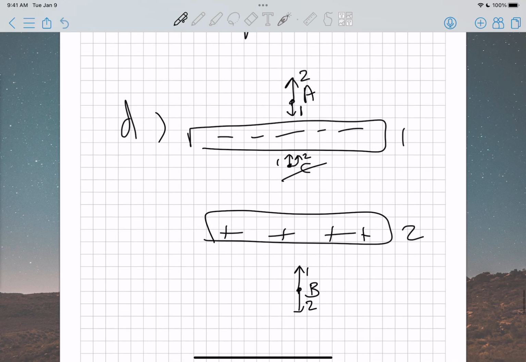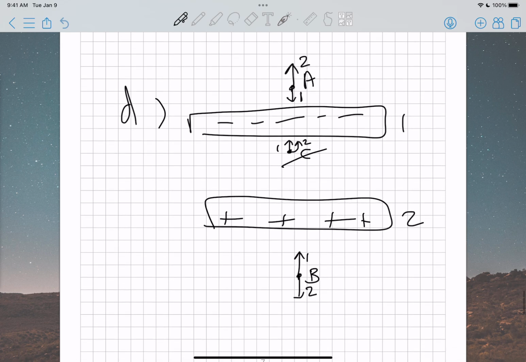But points A and B are a little bit iffy because one's pointing upwards, one's pointing downwards. We're a little bit unsure here, right? Now, what do you notice about E2?